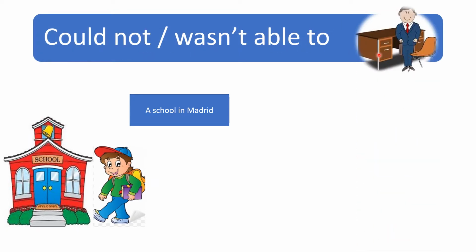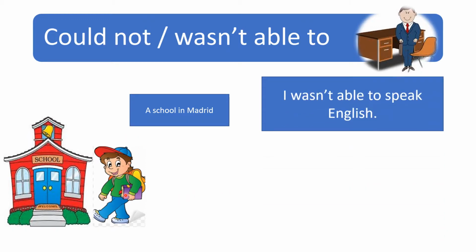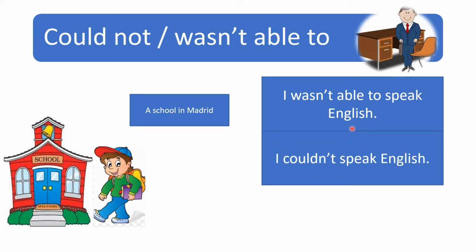The manager, what did he do? He went to a school in Madrid. So, he says, I wasn't able to speak English, or I couldn't speak English because he learnt everything in Spanish.